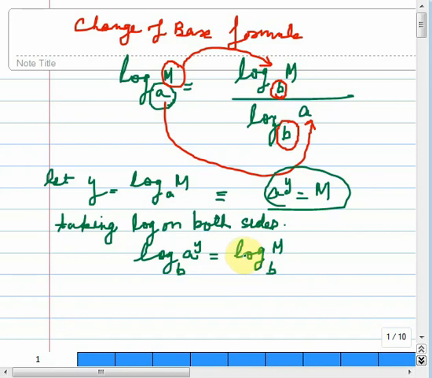Now from the property of logarithm, the left hand side becomes y log a to the base b, and this is log m to the base b, right?